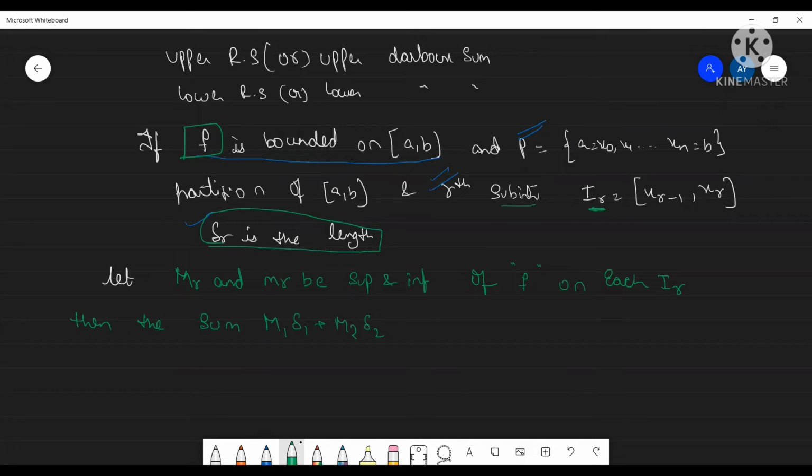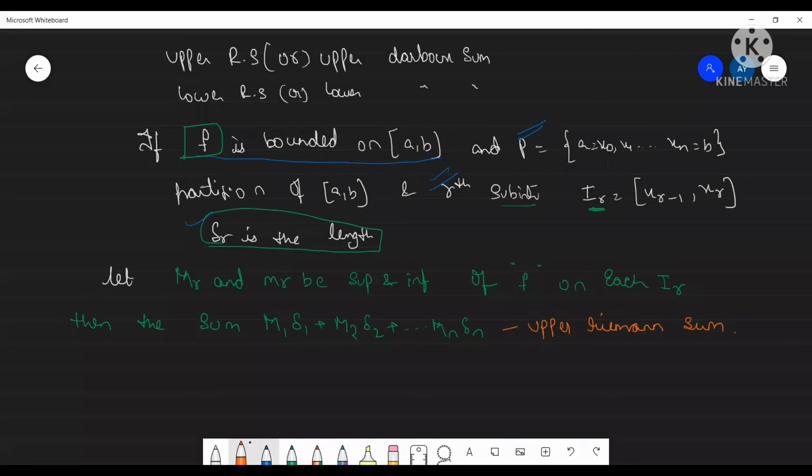So M1 delta 1 plus M2 delta 2 plus so on up to Mn delta n. What is this called? This is called the upper Riemann sum. How is this denoted?